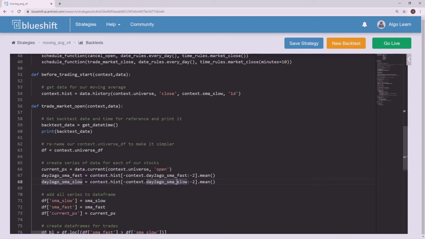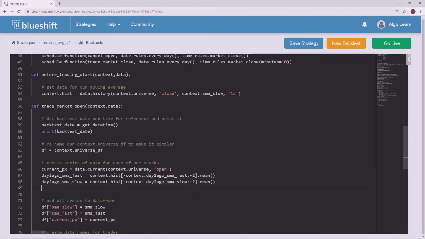And we're going to go to the element that's in the -11th position. So that's going to give us 10 days. We're going to take the closing prices for 10 days, and we're going to take the mean of that. So that's going to give us our 10-day average, but from 2 days ago.